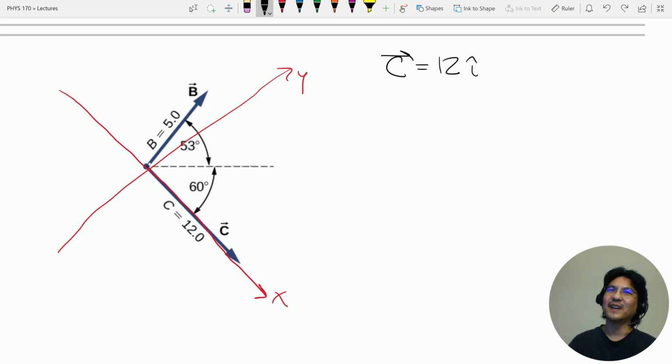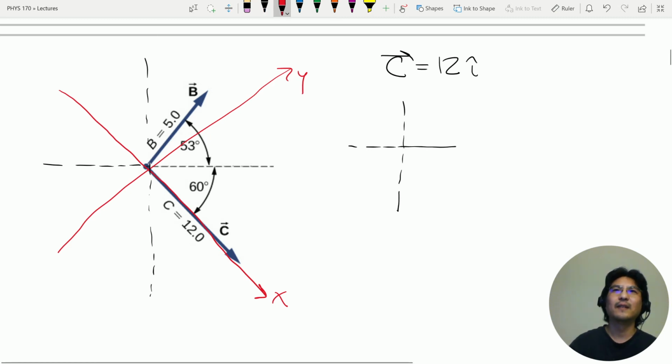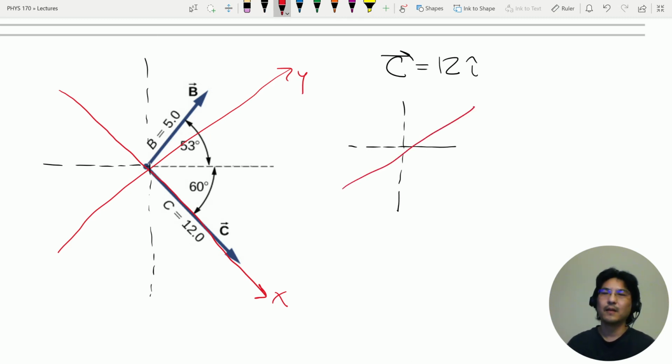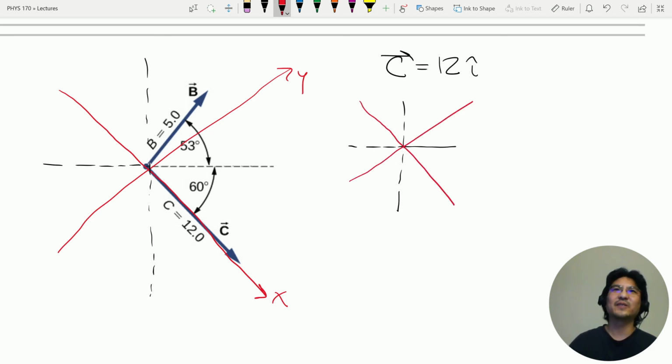For vector b, I need this angle right here. So let me point out a strategy. Do you see this horizontal and this vertical? Imagine, let me just draw it over here. So imagine you just take the horizontal and vertical dashed coordinate system and just rotate it clockwise 60 degrees.